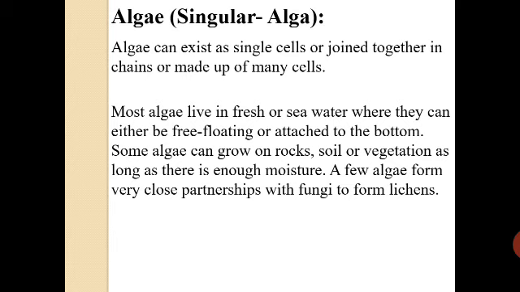Some algae can be on rocks, soil, or vegetation also, but that is only possible if there is enough moisture. So overall they can be seen under the water, over the water, or anywhere we have the presence of moisture.